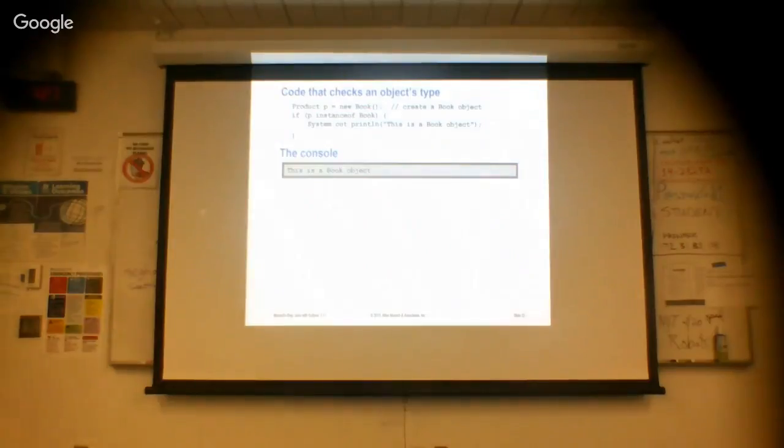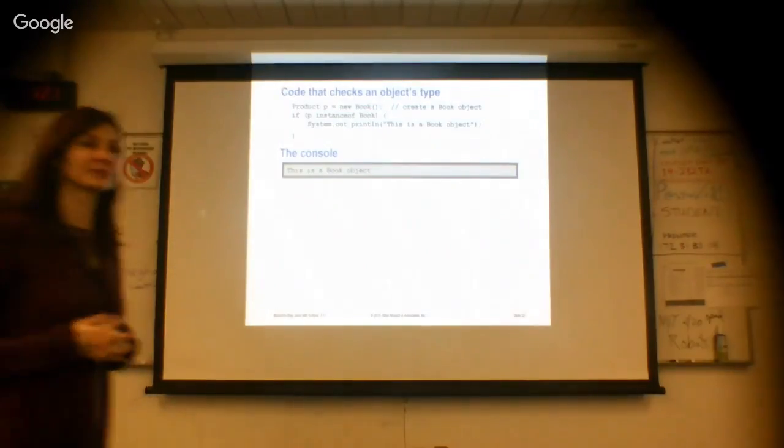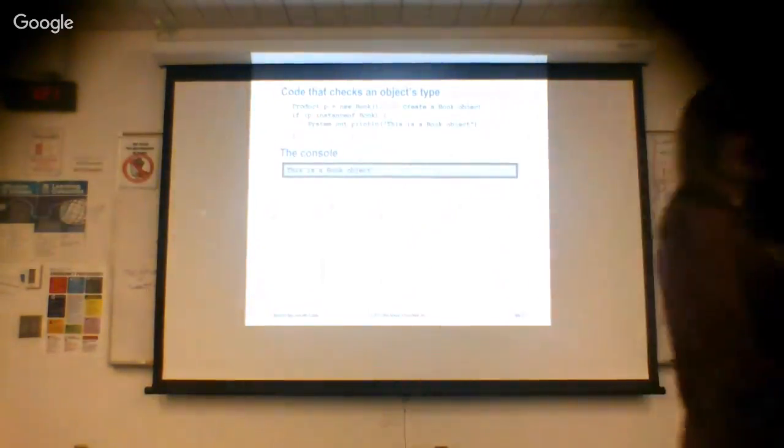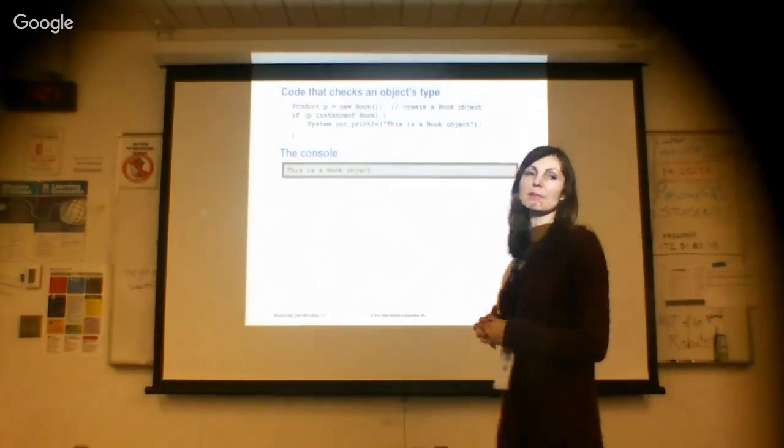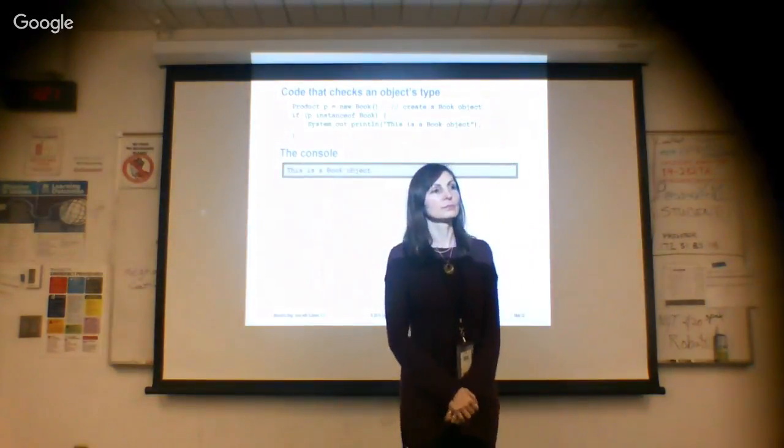Okay, so examples, please. Alec? Music store. You could do subgenres. Absolutely. What would be the superclass and what would be the subclasses in your example?